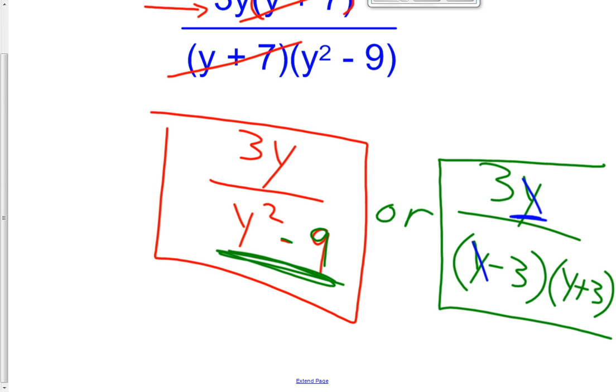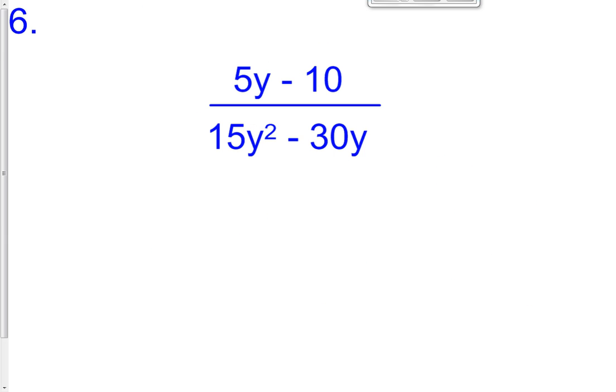It's 3 times y. Where this y isn't a factor, it's y minus 3. That's the whole factor, y minus 3. So if you want to, you can reduce the whole factor of y minus 3. However, we don't have a y minus 3 in the numerator. So this is our answer. We'll get more practice with that as we go forward.